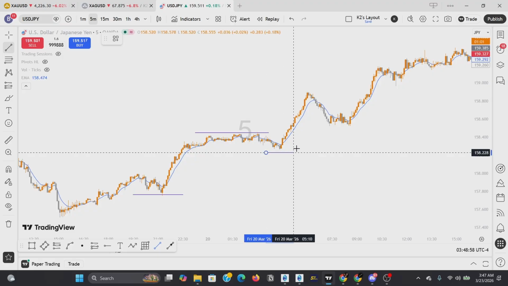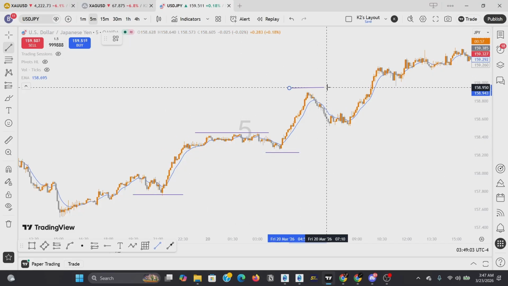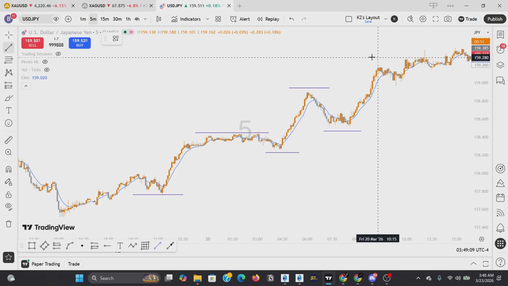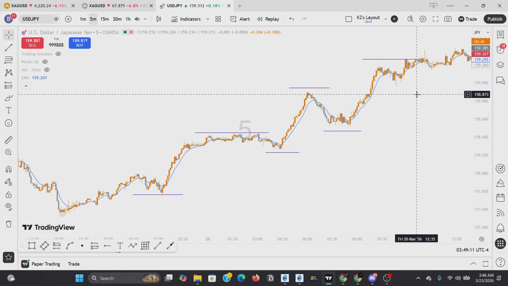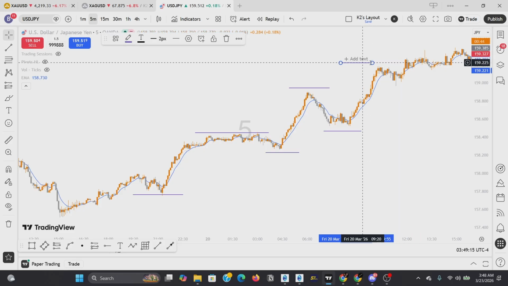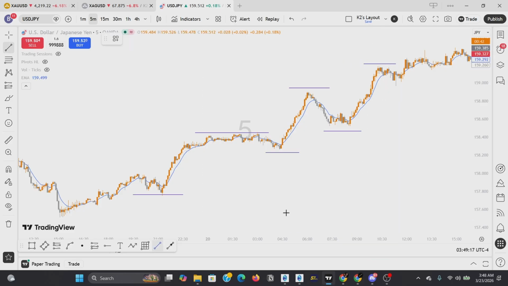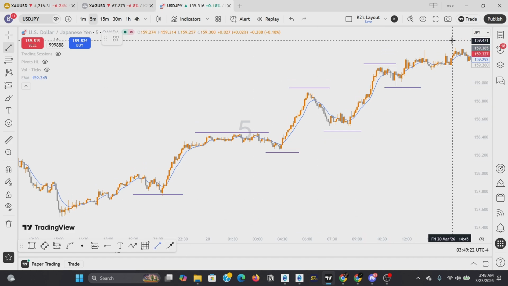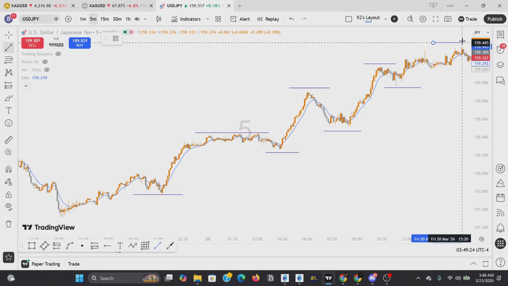Then we have a low right here. A high right here. We have another low right here. Another high right here. A high right there. A low right here. And a high up here.